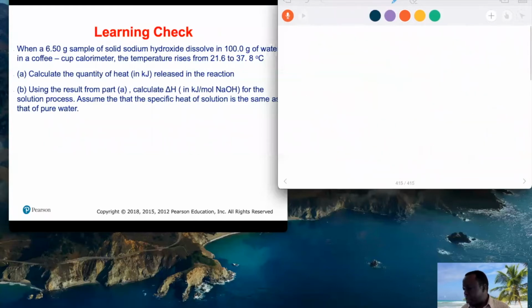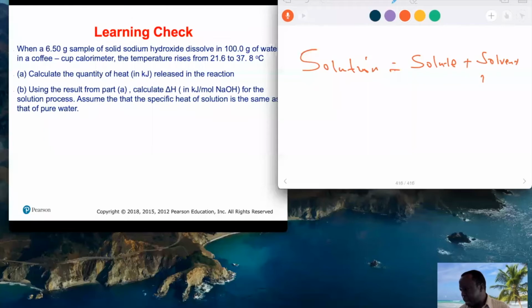Solution is obtained when you mix two things, the solute, the lesser component, plus the solvent. This is 100.0 and this is 6.50. That is where the 106 came from. Oh, okay. I understand now.